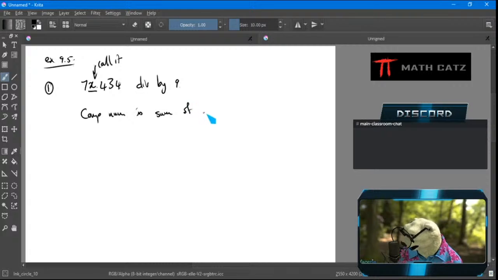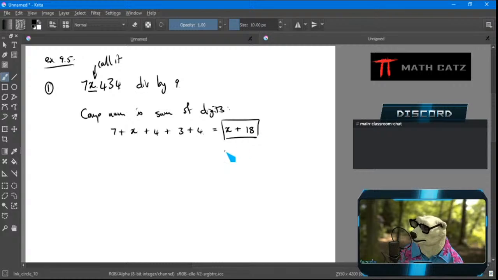Sum of the digits, and that's going to be 7 plus this mystery digit plus 4 plus 3 plus 4. What do I get? I get the mystery digit plus 11, and another 3 is 14, 18. So this must be divisible by 9 if the original number is divisible by 9, which it is.